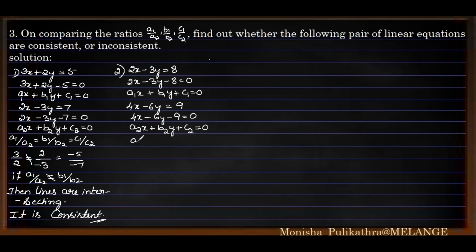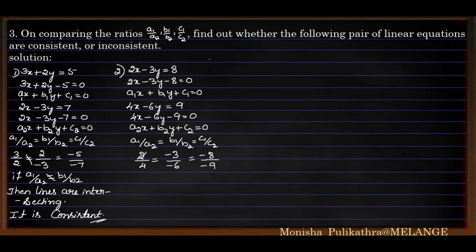Next we need to compare a1 by a2 is equal to b1 by b2 is equal to c1 by c2. Okay, so substitute the values for all the ratios. a1 is 2 and a2 is 4, b1 is minus 3 and b2 is minus 6, c1 is minus 8 and c2 is minus 9.